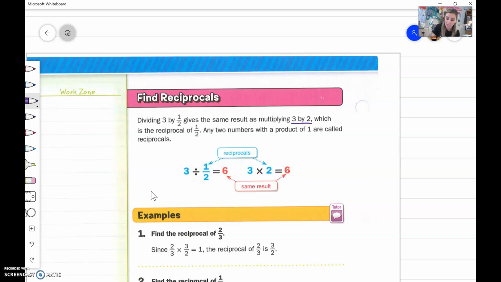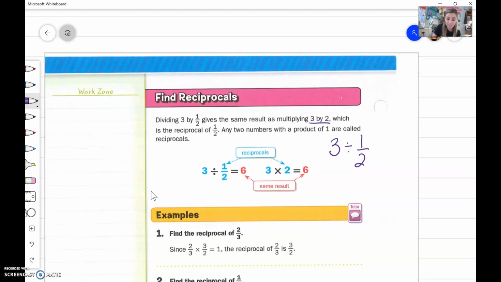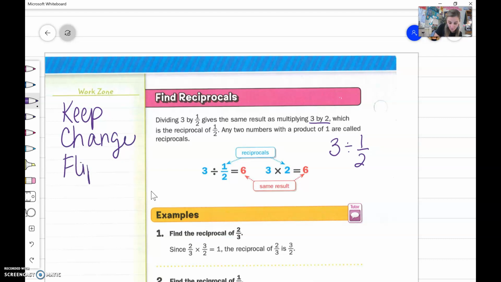When you are taking a problem where you're dividing 3 by a fraction, you're going to want to remember this little saying, and you'll hear me say it: keep, change, flip.